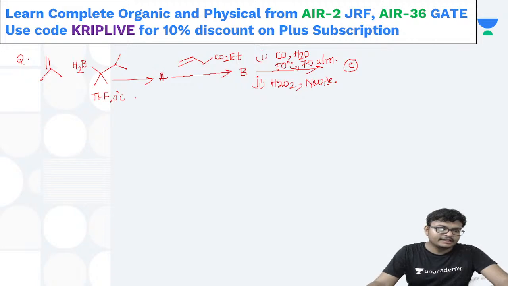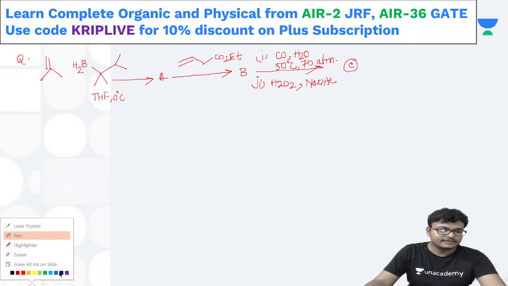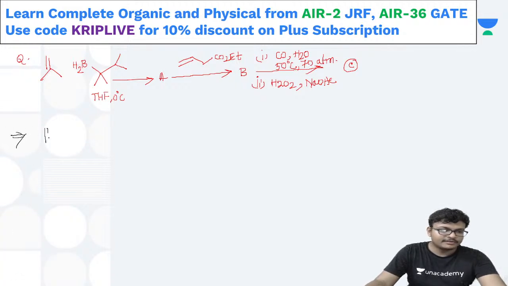The first step of the reaction is a hydroboration reaction. In this hydroboration, always remember one is more hindered, this one is less hindered. And for this particular group, there are two sides as well.